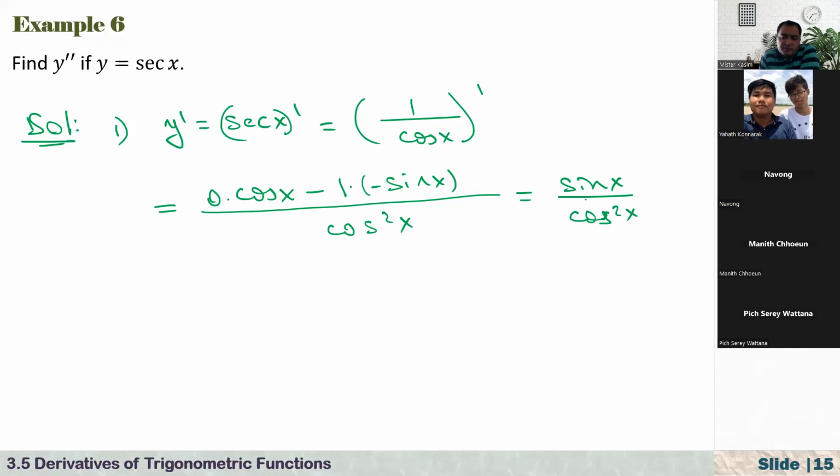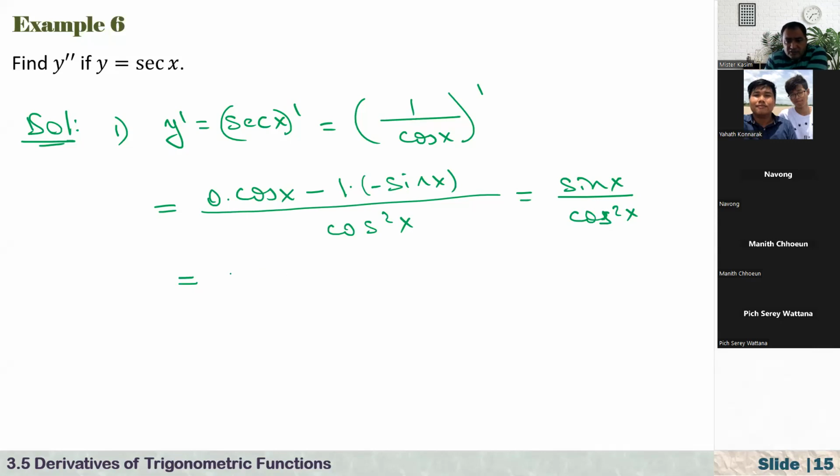Actually, we can just leave it like this, but usually in math there is a kind of tradition that if you are performing some operation on some function, the result of this operation we usually try to leave in the form of the original function. It really helps us to remember easily. So since we are talking about the secant function, what is sine over cosine?